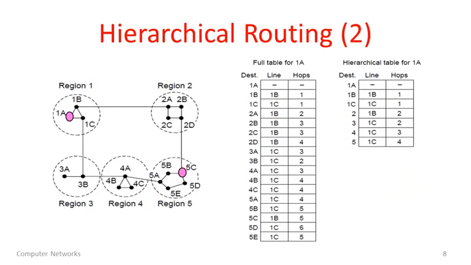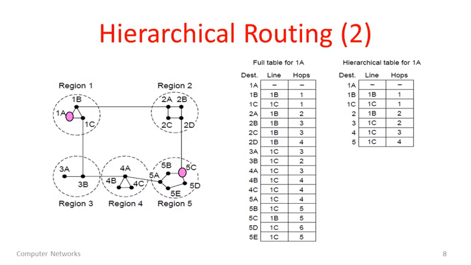Well, I'm sure you get the sort of theory of how we could use hierarchy in regions, but let's go through an example to make some of this concrete and make sure we understand it. So I have a network here on the left, and you can see that there are 5 different regions, and within each region there are a few nodes connected together, and the regions are connected together too.